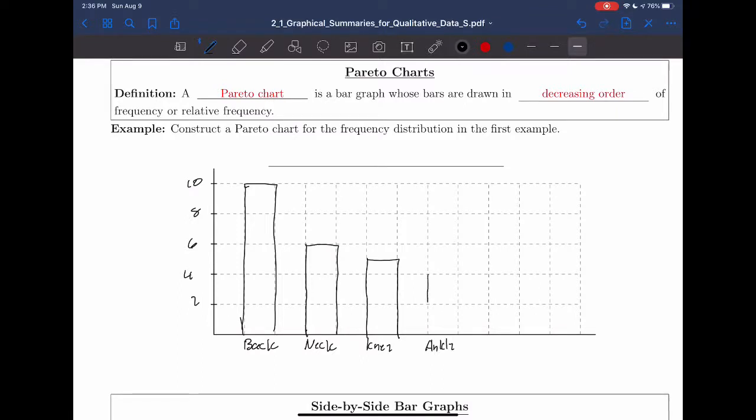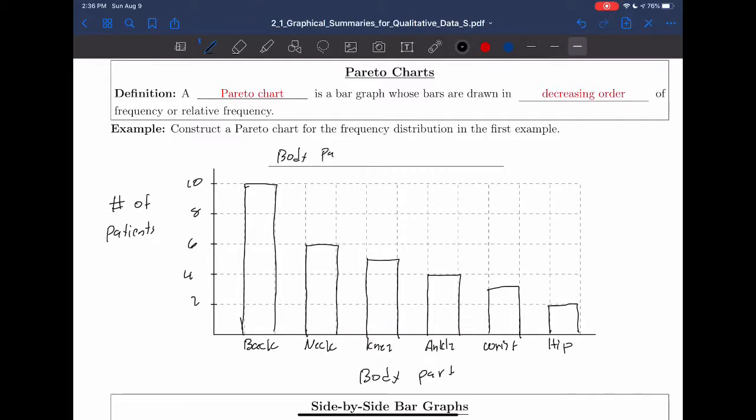And just to take note, we're working with the frequency distribution table. So the idea is just rearranging our bars in decreasing order. And then we have to write our axis and our title.